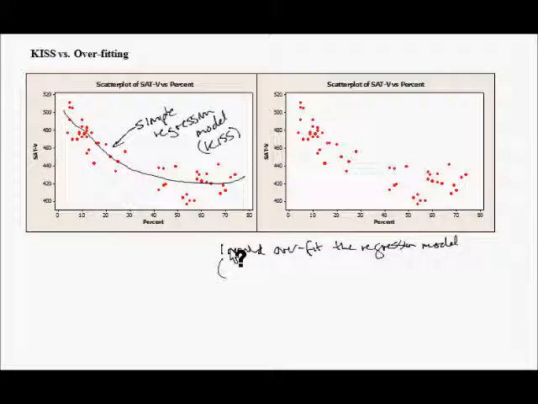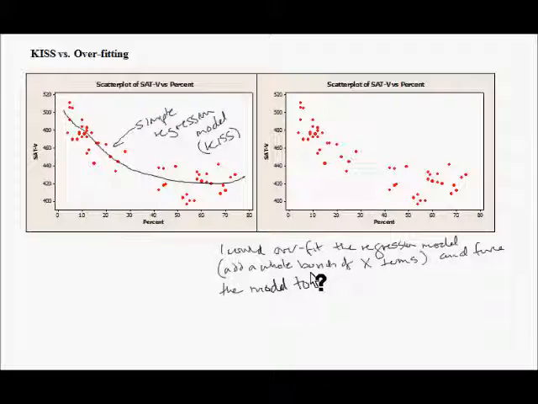In other words, add a whole bunch of X terms and force the model, it's an ugly model there, I could force the model to go through every point. You can force that to happen if you have enough X terms.